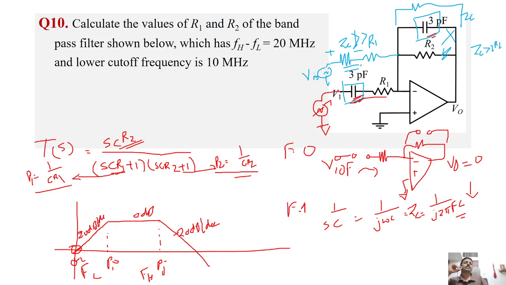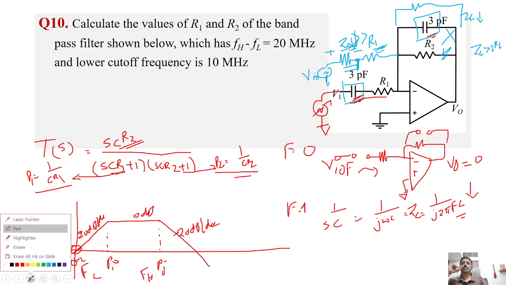When the frequency increases, ZC starts decrementing. At a particular point, ZC will be almost comparable with R1, and for a very high frequency, ZC will be negligible compared to R1. At that value, whatever input is given will be more or less given to the node of R1. So that is the first cutoff frequency.